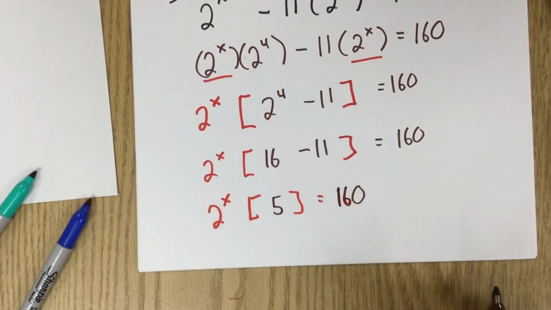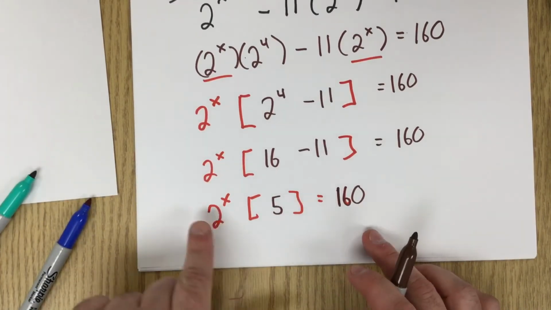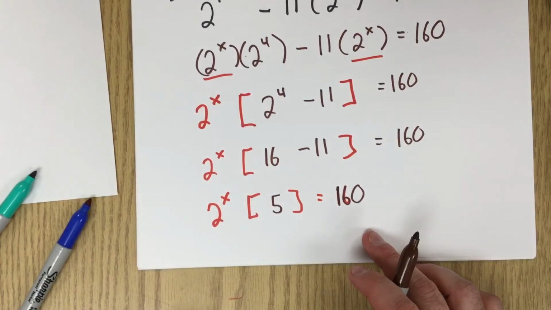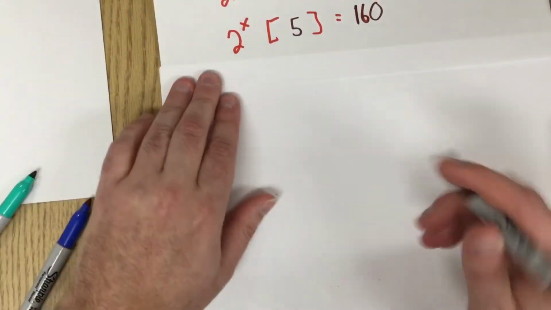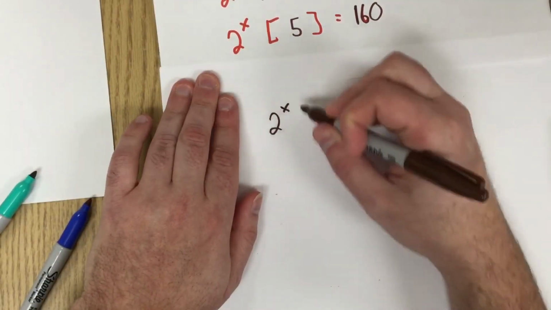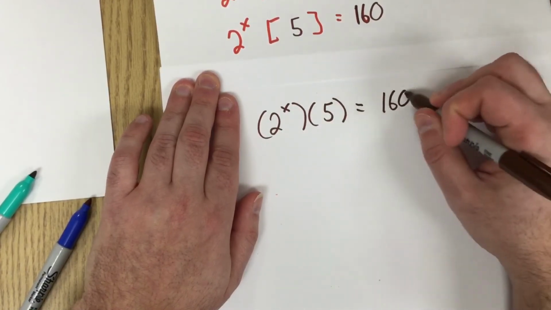And now we're actually kind of back to example 7, where we have an exponent and something multiplied. So I think I've run out of space on this page, so we'll kind of cruise to the other one. So what we have now is 2 to the x times 5 equals 160.